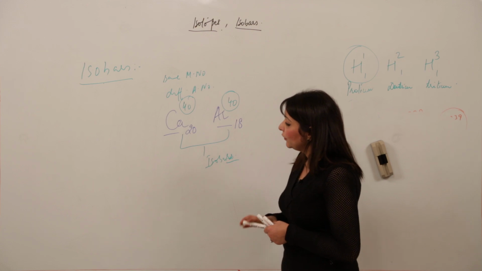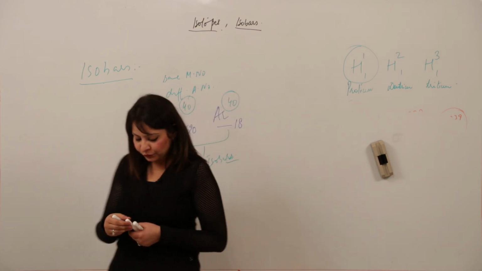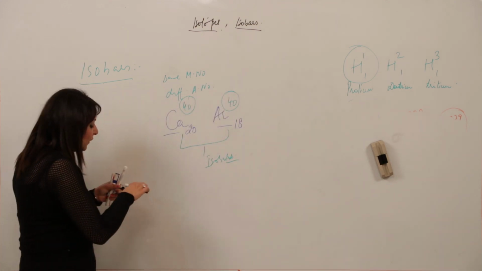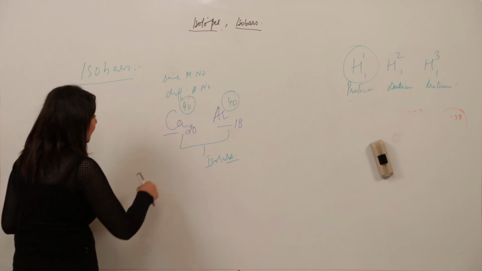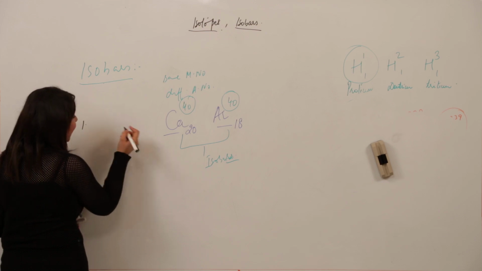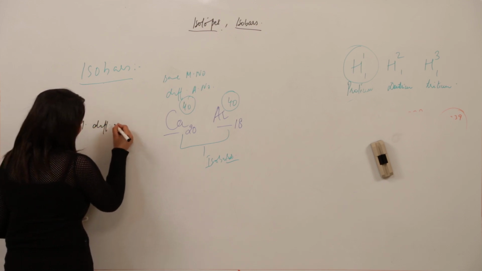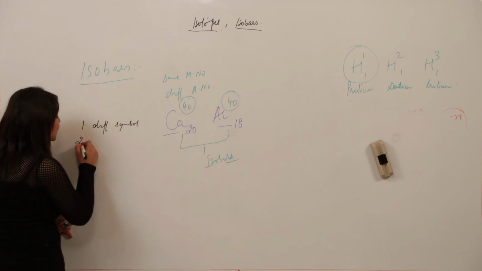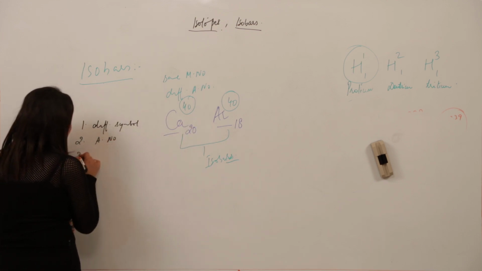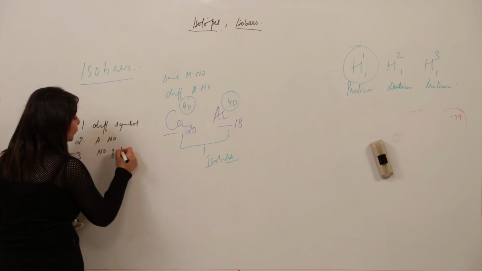Now we'll list the similarities between them. First we'll list the differences, because there are a lot of differences between them. They have different symbols: for calcium it is Ca and for argon it is Ar. Different symbol means different atomic number. Different atomic number means different number of protons.